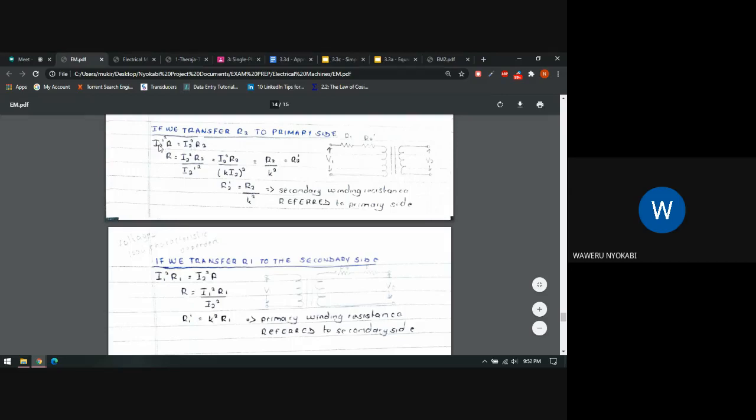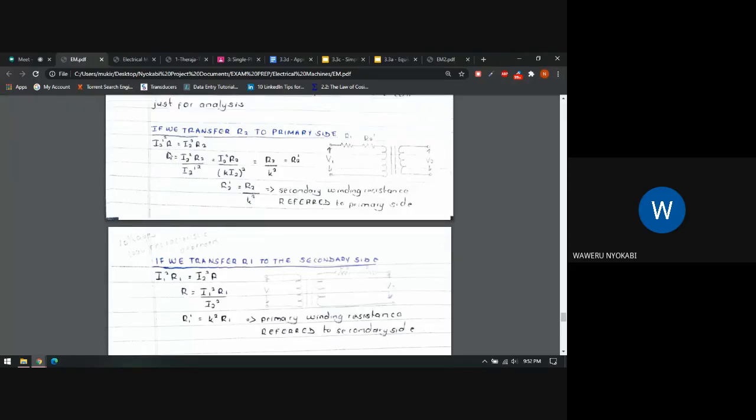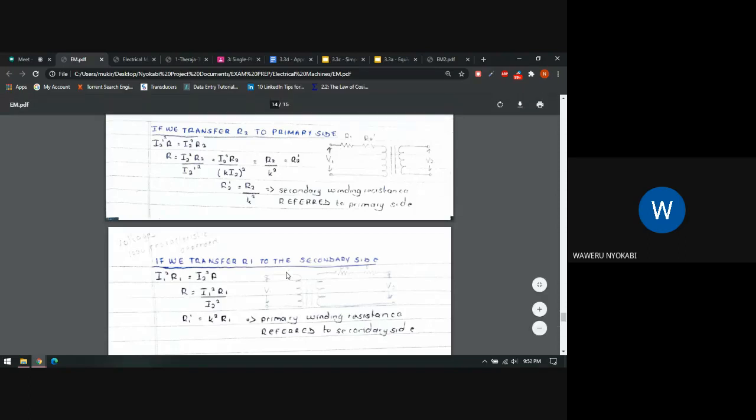Why? Because of that turns ratio relation, I2 prime over I2. So you make R the subject of the formula, because we're looking for the value the resistance in the secondary side would be if you bring it to the primary side. When you do all this, you get R is equal to R2 over K squared, K being the turns ratio. So it's equal to R2 prime. That's what this R2 prime would be.